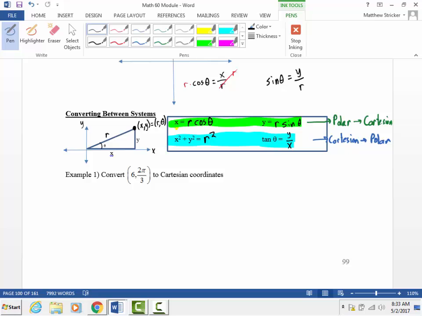You might have to be exact, not just approximate. So you're going to need to know what cosine is.